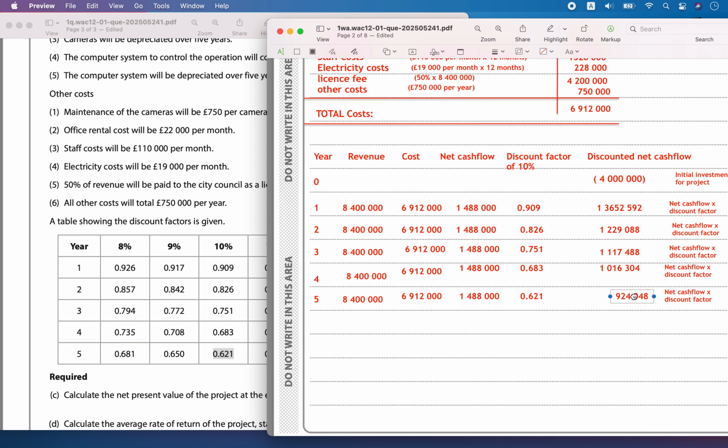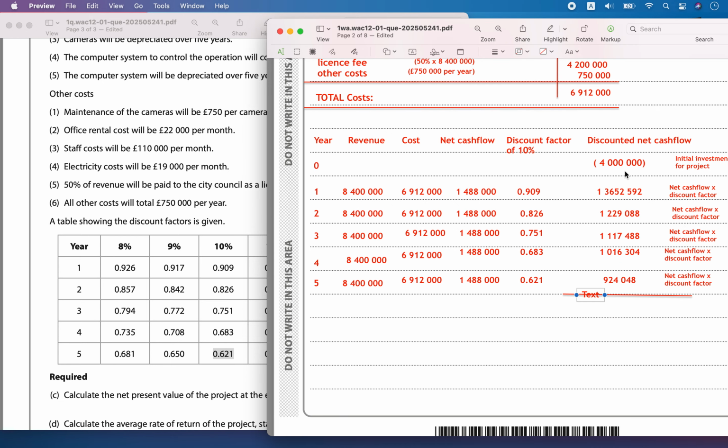The value of money decreases over a period of time. So let's calculate the NPV left over for the initial investment you had made: minus 4 million plus 1,352,592, plus 1,229,088, plus 1,117,488, plus 1,016,304, plus 924,048.